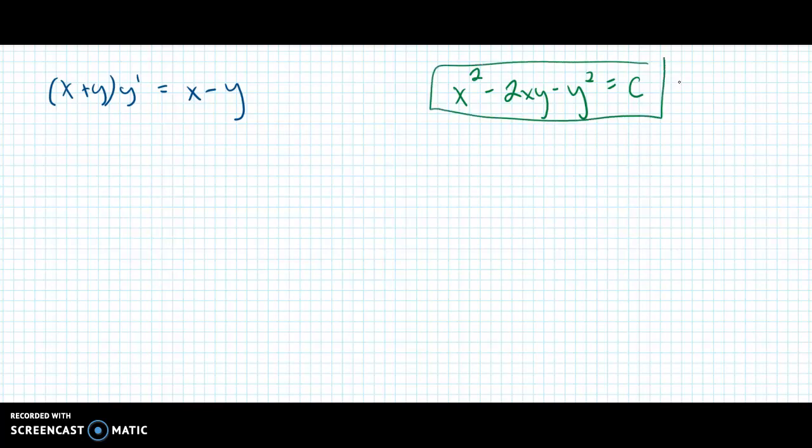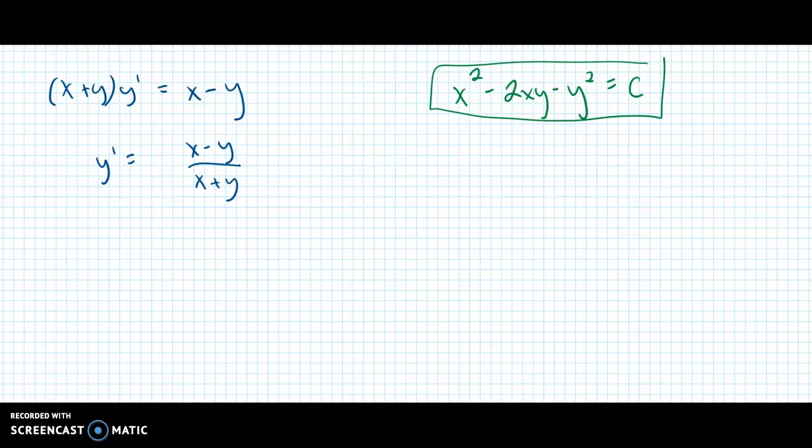All right. So first step, you could go a variety of ways. I'm going to divide and get the y prime by itself. So I get y prime equals (x minus y) over (x plus y). Now, given that I know the substitution v equals y over x, because that's all I told you I was going to give you, I need to get y over x's.